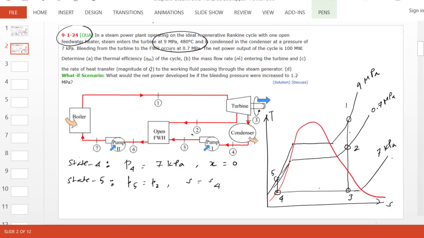State 2 and 5 are given, so state 6 can be obtained from the condition that in ideal regeneration cycle, state 6 is saturated liquid. So pressure is the same as P2, which is 7 kPa. Sorry, not 7 kPa, 0.7 MPa.